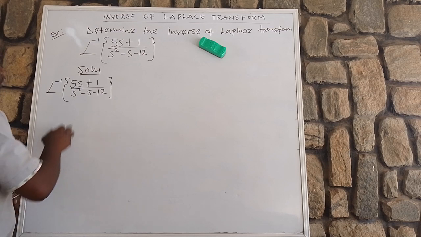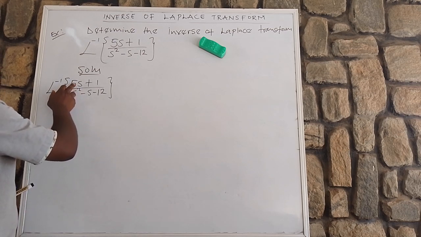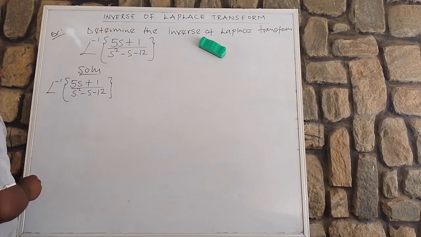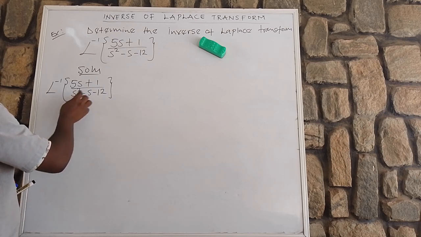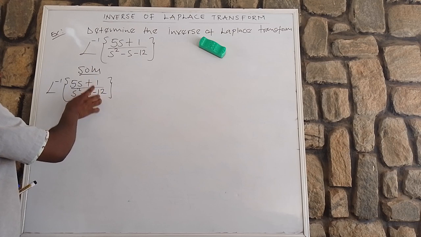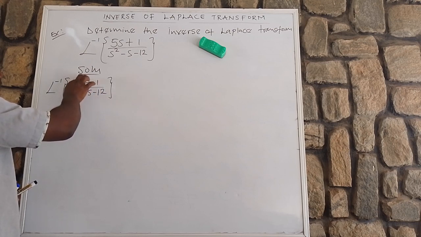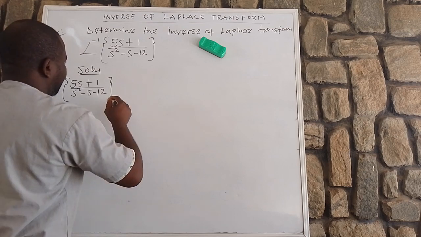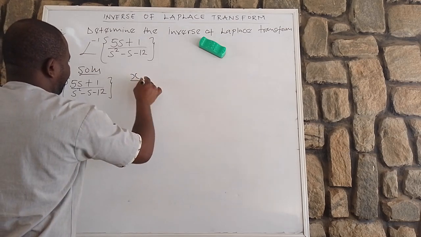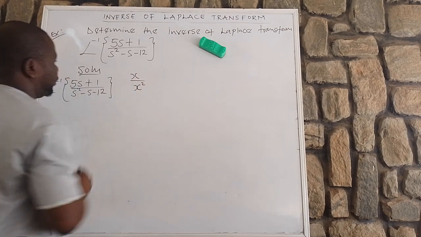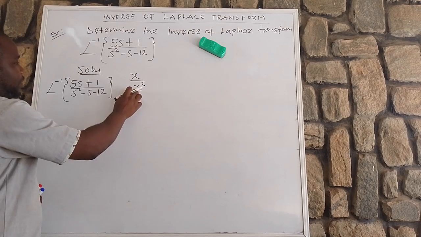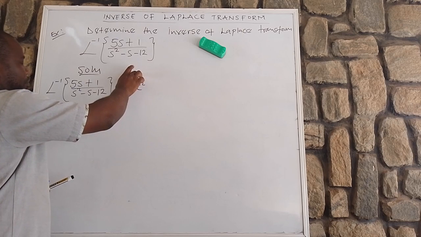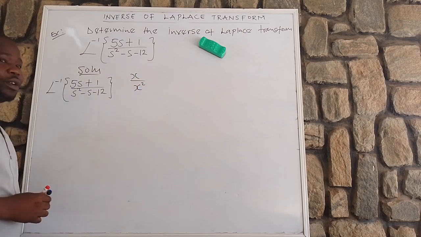Mind you, first consider the numerator and the denominator, the order, the powers. It means the power of the denominator must be greater than the power of the numerator. What do I mean by that? Assuming you have something of this form, you discover that the power of this denominator is greater than the power of the numerator.